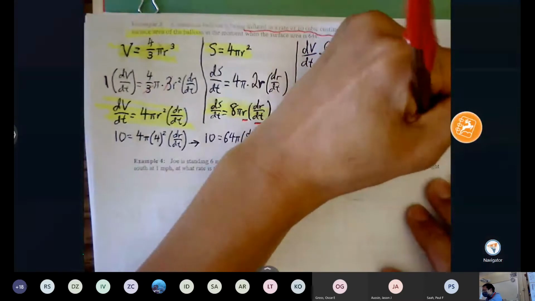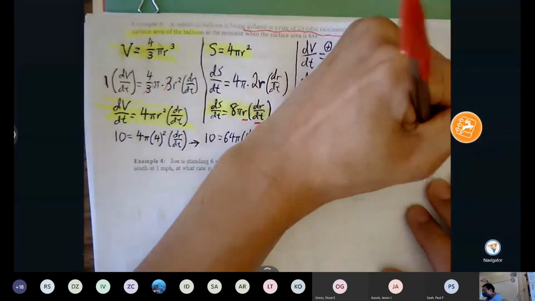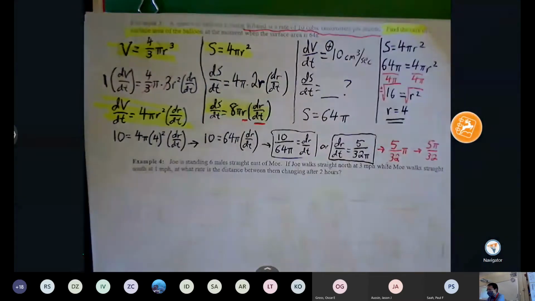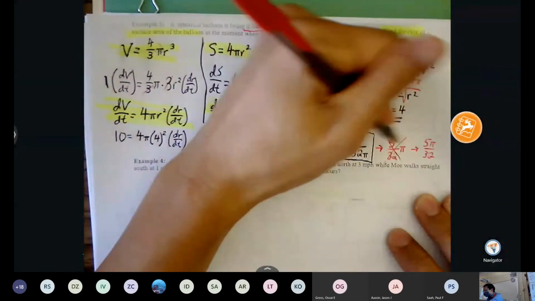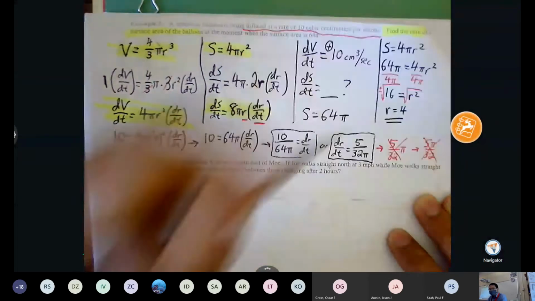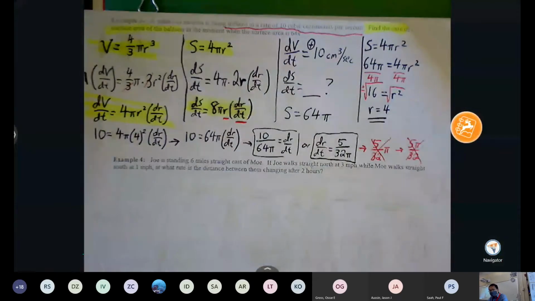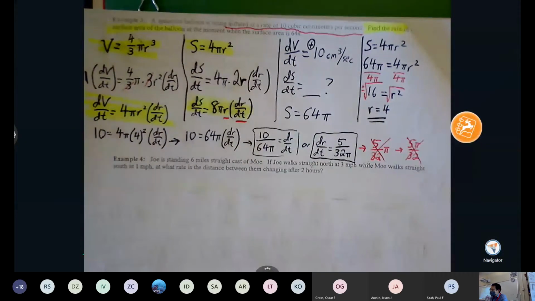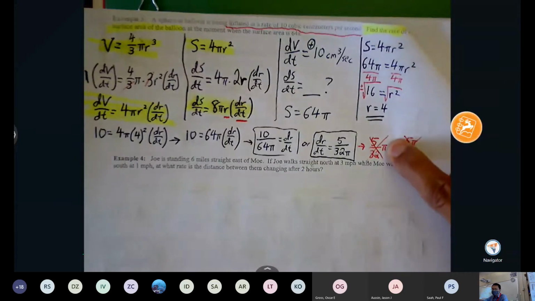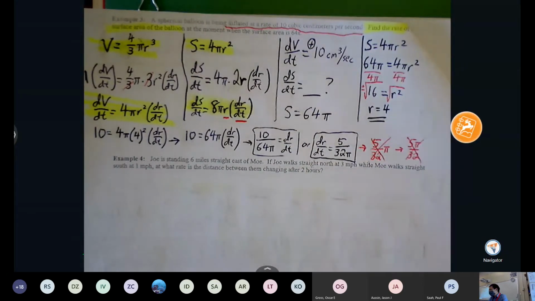Or you may see this 5 pi over 32. But these aren't the same, right? Dividing by pi and multiplying by pi is going to be different. So I just want to point that out. If something is in the denominator, it needs to stay in the denominator. We can't move it up. Or if you move it up, you can make it pi to the -1, but that's going to make things more complicated.